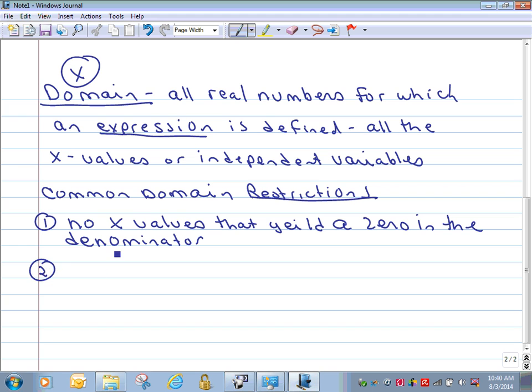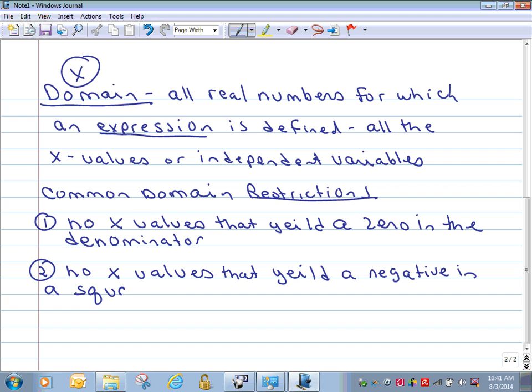The second common restriction would be no x values that yield a negative in a square root. And you know that we can't have a negative under a square root.